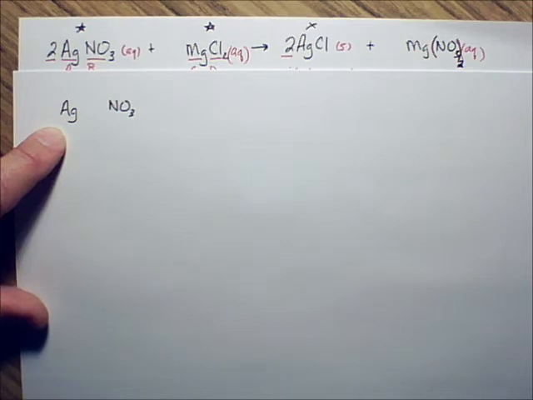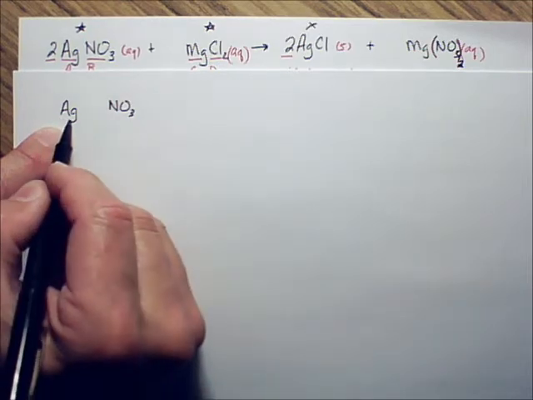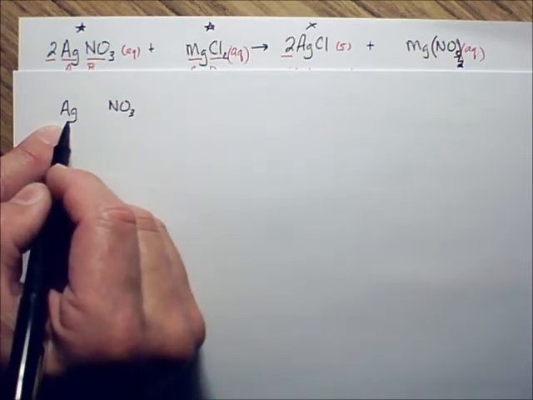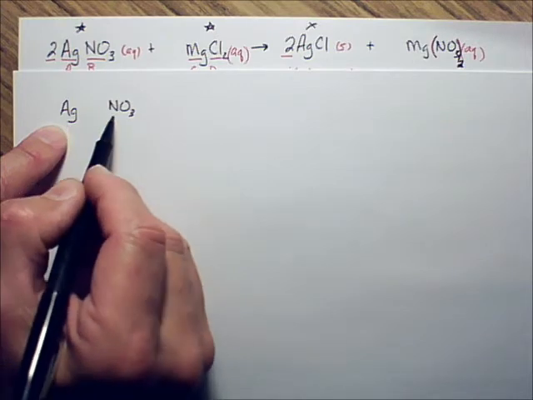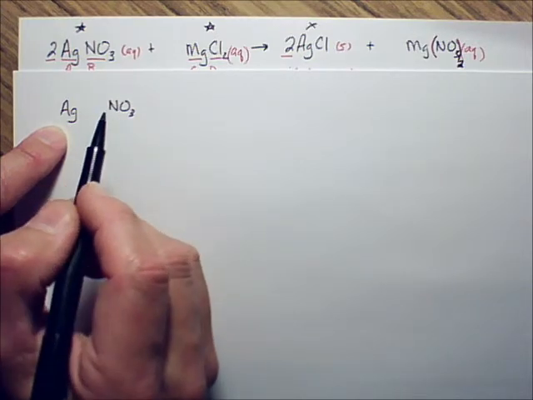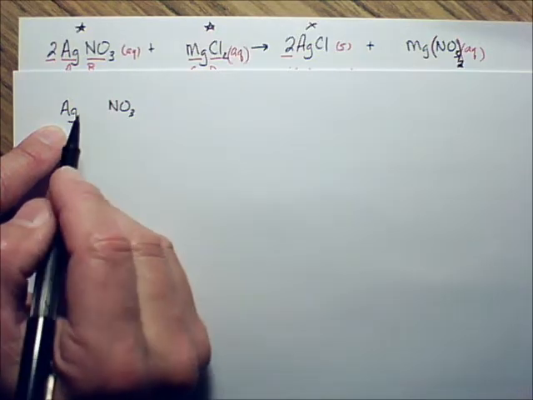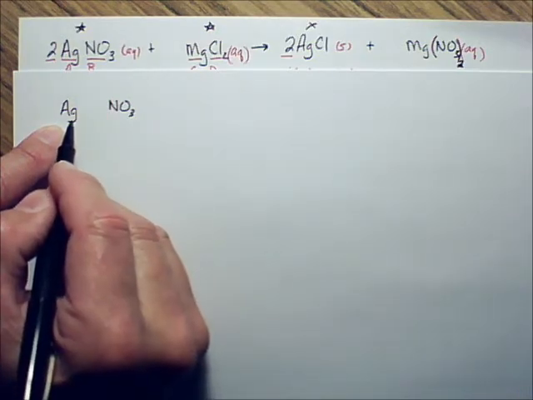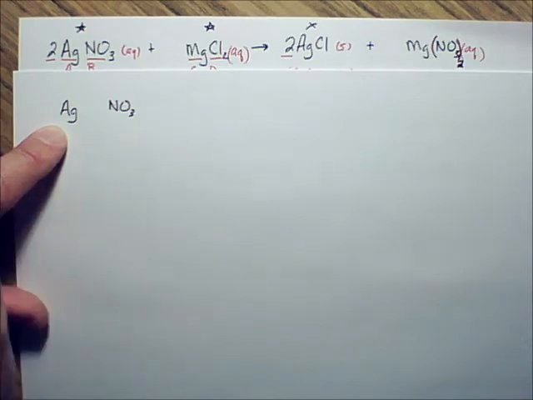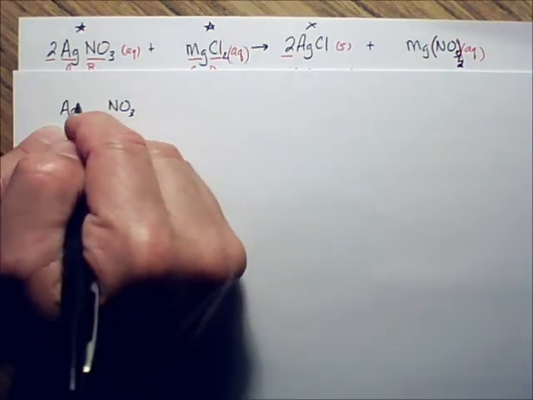There are two different places. For some of them, like this silver, you can go to the periodic table with oxidation numbers. For some of them, like this polyatomic ion, you go to the common ions list. And in some cases, there's more than one oxidation number, so you have to figure out which one it is. So silver is 1+. Yes, silver is going to be 1+.